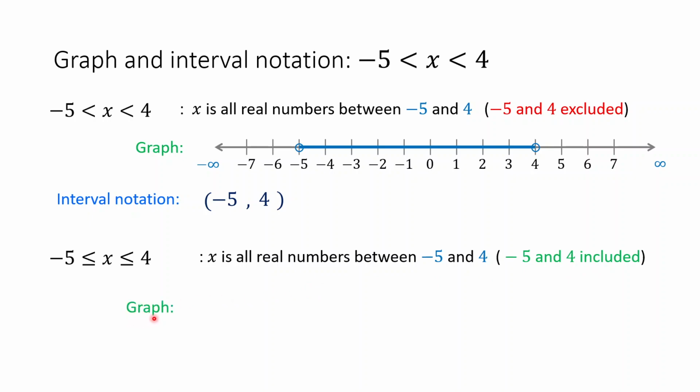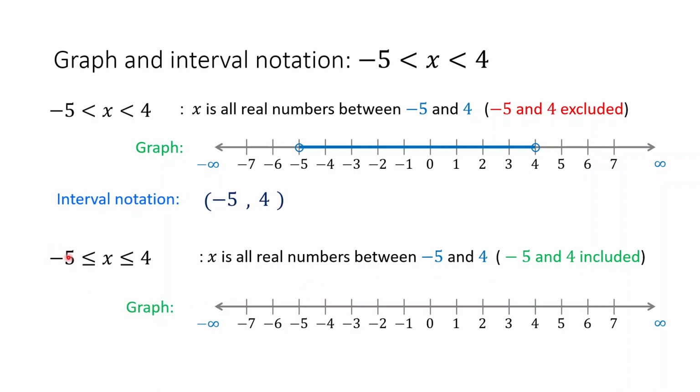So here the graph is, go to -5 and put a filled circle because this number is included. Then go to 4, put a filled circle because 4 is included. Now draw a line from here to here. This is the graph of this inequality.